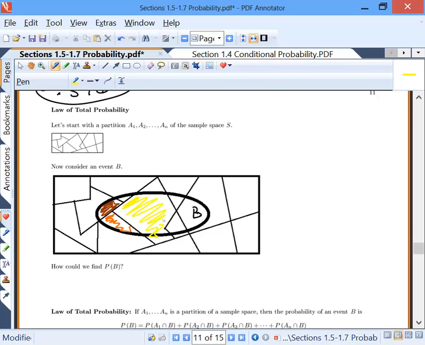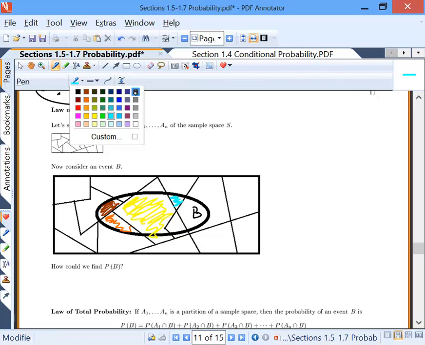What am I going to want to do with each of these intersections once I find them? Add them up. Would it hurt anything if I accidentally tried to find the intersection of this one? What's the intersection of this event and B? 0. So if I add that into my formula, is that going to mess me up? No. So I just need to find each of the intersections, and when I'm done, add them up.